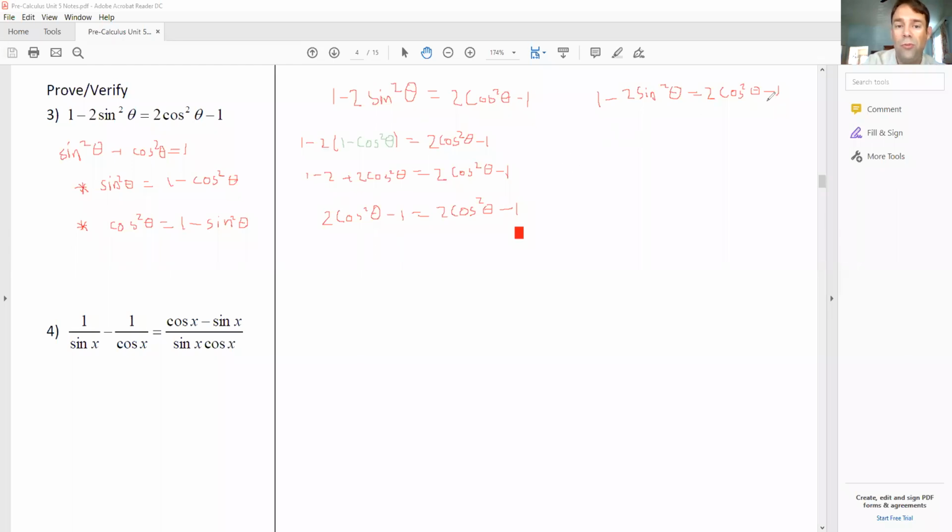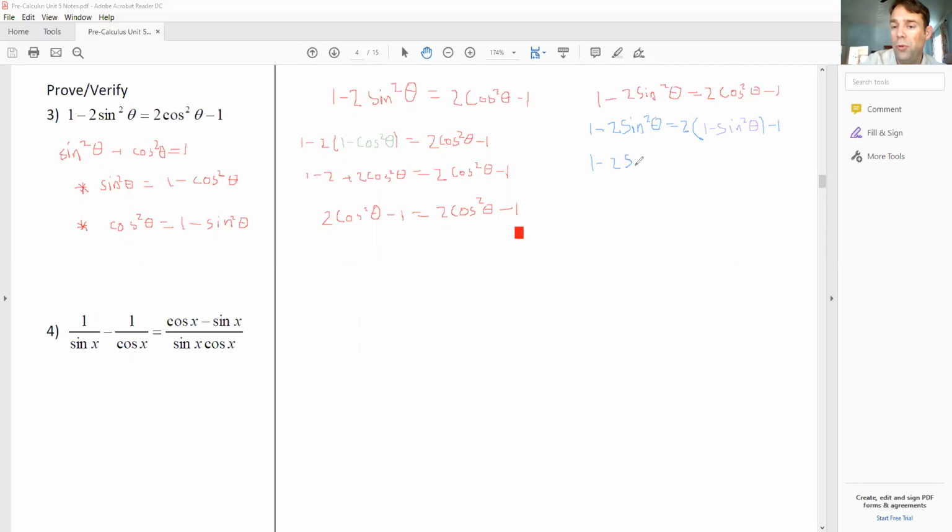All right, so if you chose to do the right side, that means we're going to leave this left side alone. We're not going to touch it. And in place of that cosine squared, I would have plugged in 1 minus sine squared theta. And again, we did our trig substitution.